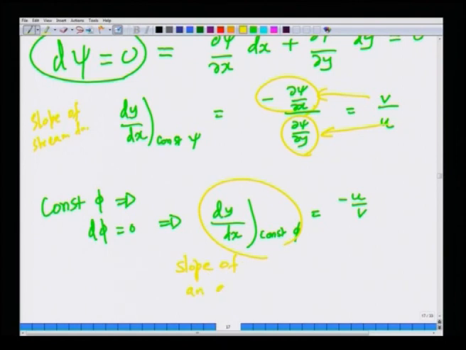The two slopes m1 and m2 multiply to minus 1, which means that at each point the streamlines and equipotentials are orthogonal to each other.